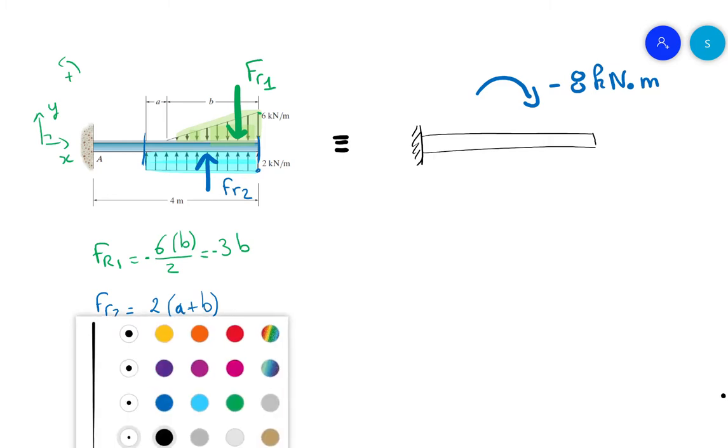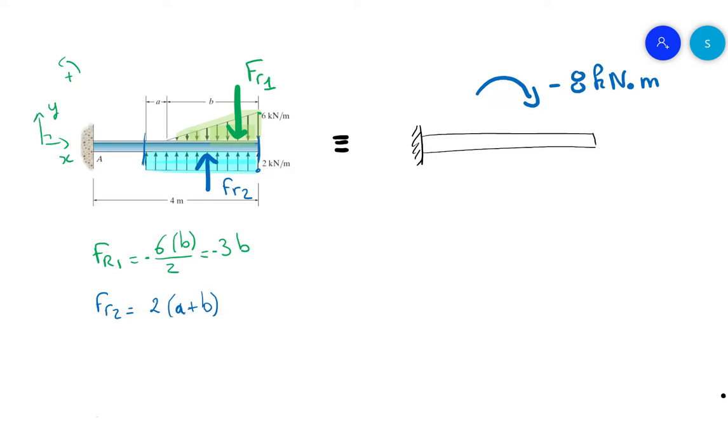And what we know is that we want to replace these forces by the equivalent system there, FR is equal to 0. We just have a couple. We don't have any resultant forces. So FR is equal to 0. That means that FR1 plus FR2 is equal to 0.